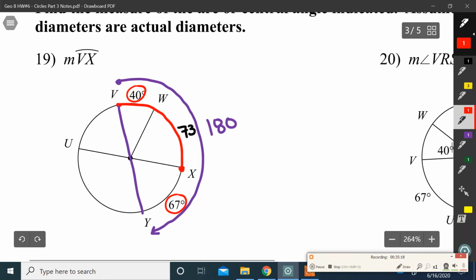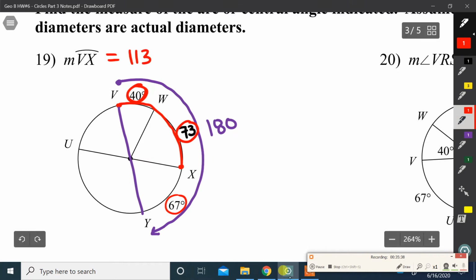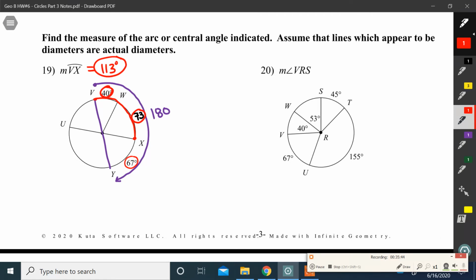All right, so how am I going to find this right here? Well, all you have to do is add this plus this. And that gives you the measurement of that arc BX. It's going to be 113. Okay? Hopefully you can figure out number 20 there. See if you can find the measurement of that arc.